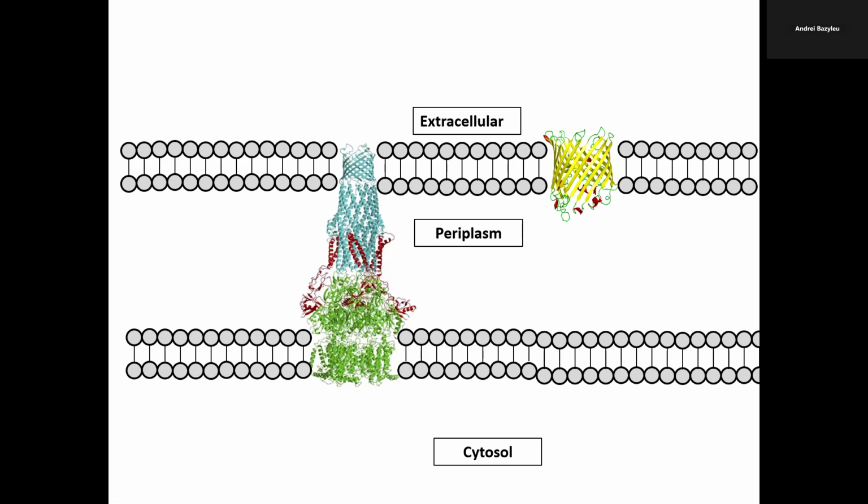They are the waste management of the cell, taking out all the byproducts. But at the base level of expression of these two proteins, the concentration of porins and efflux pumps is not sufficient for this mechanism to be very effective, to be clinically relevant.